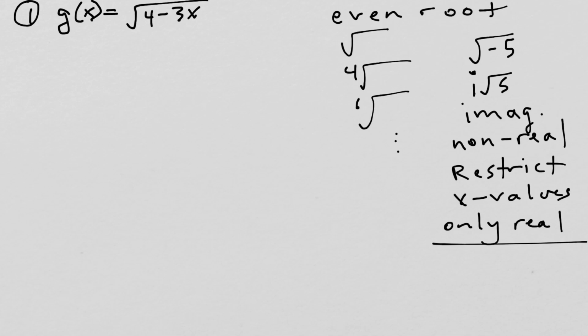Only real. So if we're only real, that means that the underneath part of the radical has to be either positive or 0 under the radical.